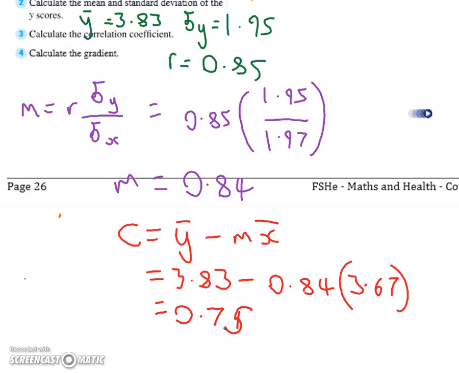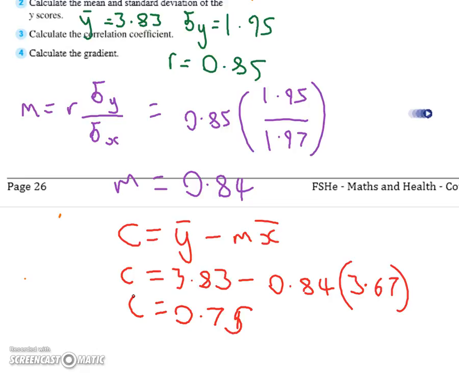Some of you got a different answer in the book, but based on our numbers we're getting 0.75, so let's go with 0.75. Everyone happy with that?